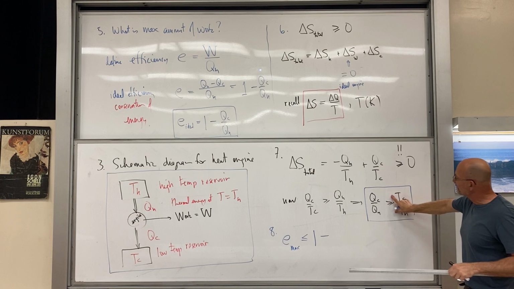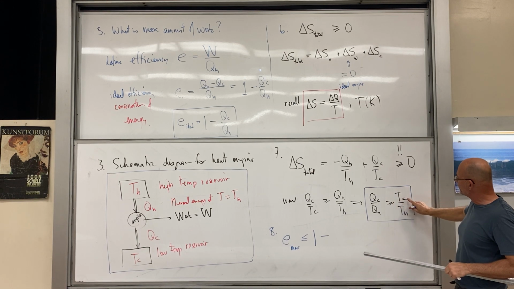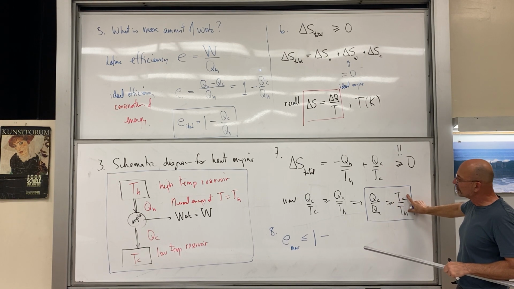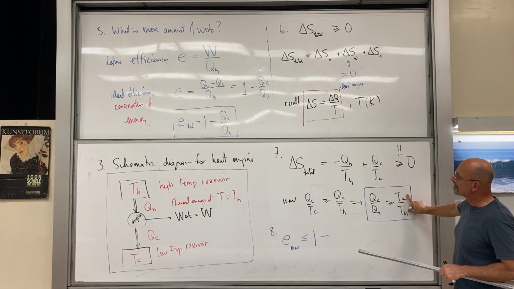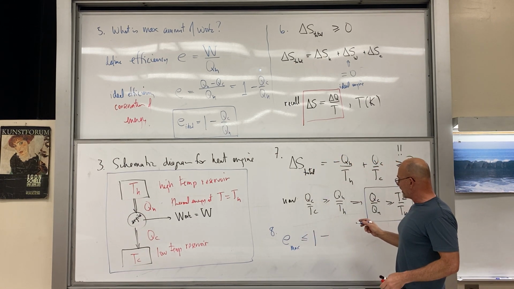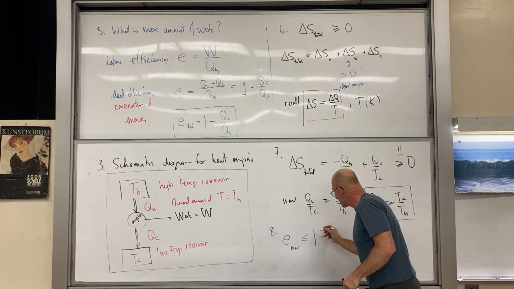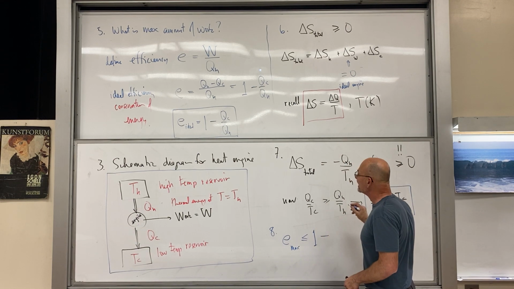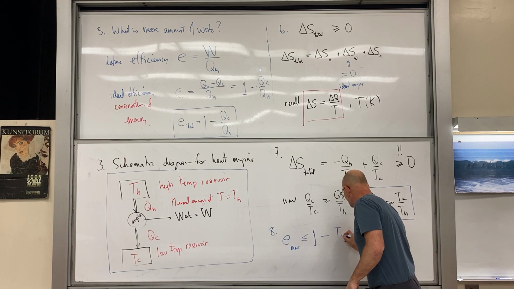Just because of the direction of the inequality here, we're subtracting off something that's a little bit smaller, okay? 1 minus that. So here we go. E maximum is less than or equal to 1 minus TC over TH.